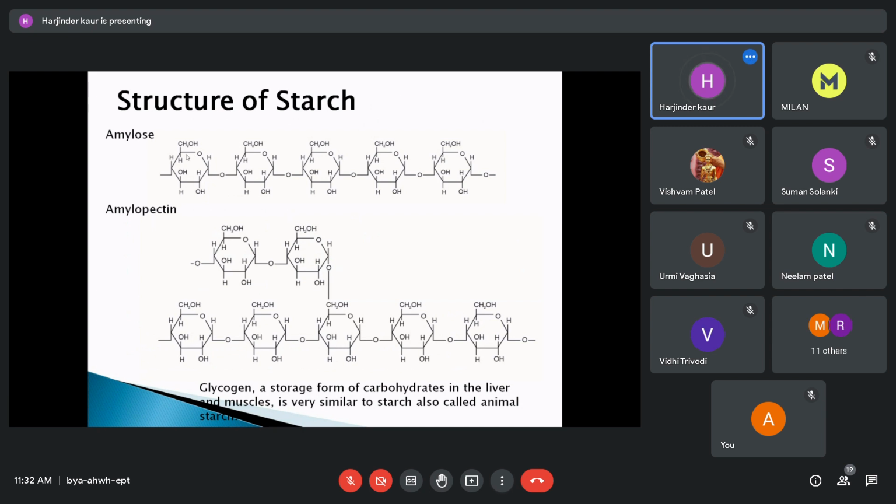What will I get? If I do HIO4, you see here, once this OH is linked here, there are only two OH groups here which are adjacent to each other. There is no other adjacent OH group because all the others are involved in linkages.